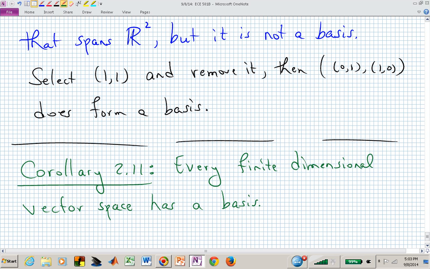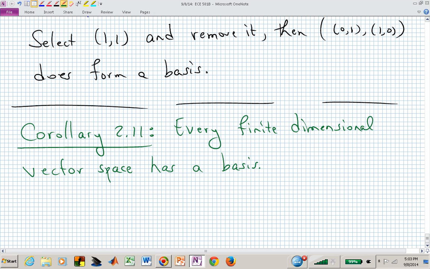So now if you give somebody a finite dimensional vector space, they can find a basis for it. Which means what? What's the definition of a basis? Yes, a linearly independent list that spans the entire vector space. And that's doable, or that this corollary says every finite dimensional vector space has a basis.